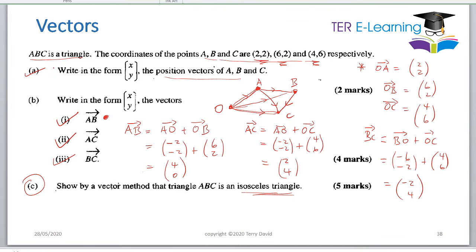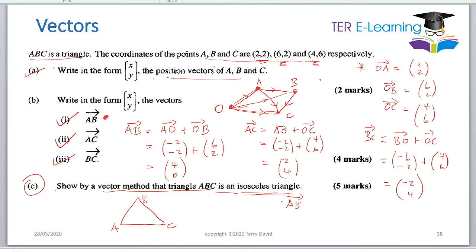So if you want to prove, using a vector method, that it's an isosceles triangle, we don't know exactly how the triangle is going to look. We just know that we have the sides A, B, and C. And if it's an isosceles triangle, two lengths have to be the same. So we need to find the length AB, because we know how to find the length of a vector.